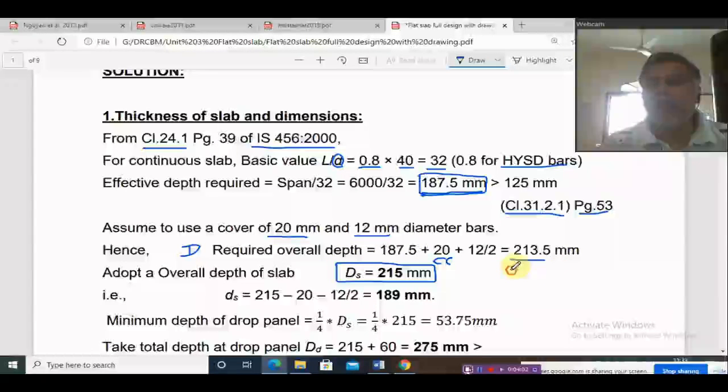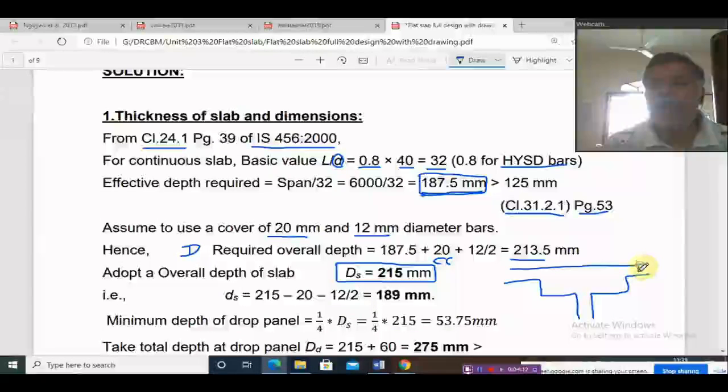215 mm. Here in the flat slab we have a slab as well as a drop. Now I have assumed the dimension for the slab. To identify the depth of the slab and the depth of the drop, I will subscribe the letter S for the slab, subscribe the letter D for the drop.